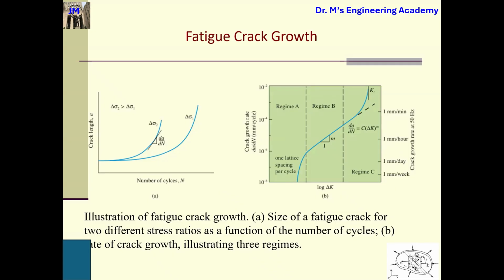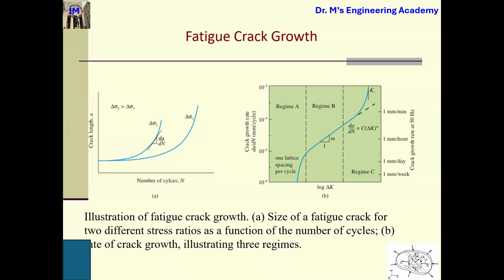So this is C and N, and they are material parameters. So delta K, right? And delta K, because our stress level is changing, right?